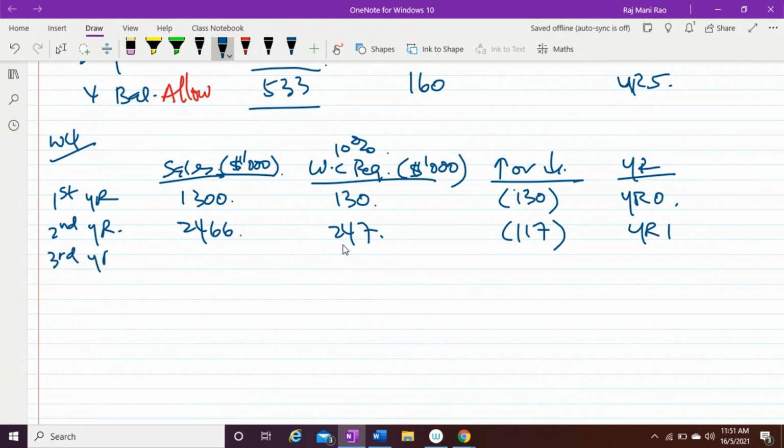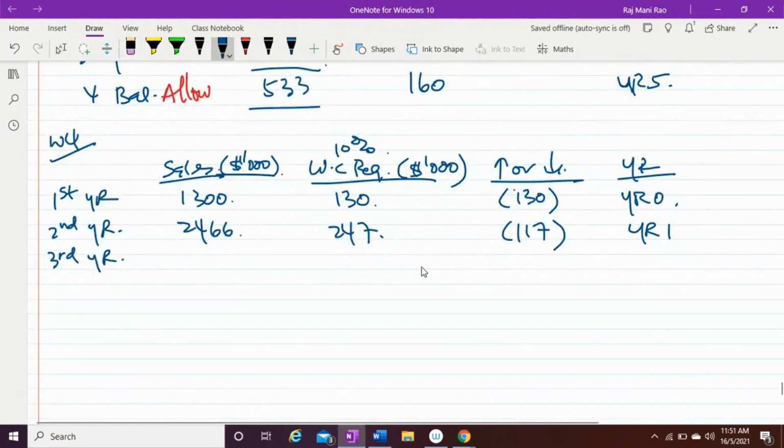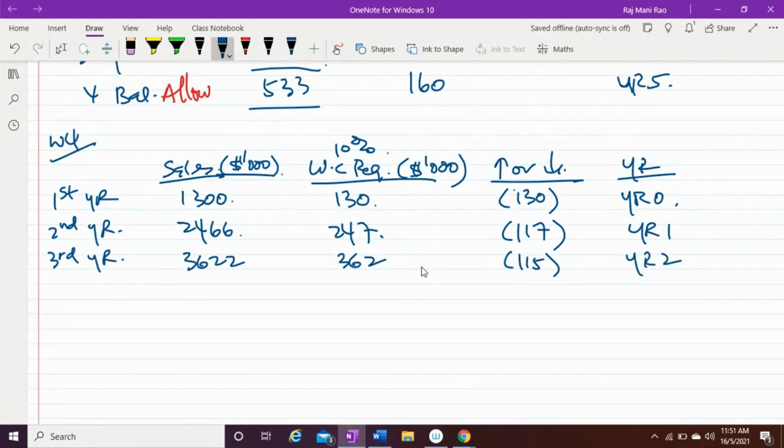So what about third year? Third year sales is what? 3622. So investment 362. So how much do you add? 115 in year 2.